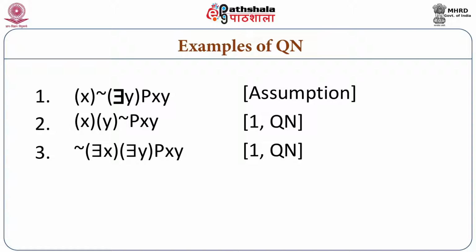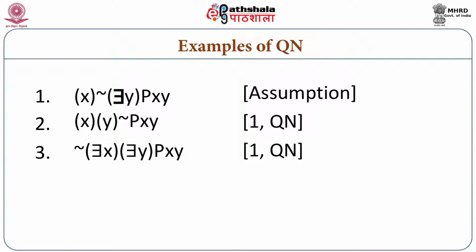What we are doing here is replacing a logically equivalent expression. Let us look at step number 1 and 2 as shown on the board. The second part, not exists y, has been replaced by for all y, not, the negation. So that means existential quantification has been replaced by universal quantification, and the position of negation has changed.